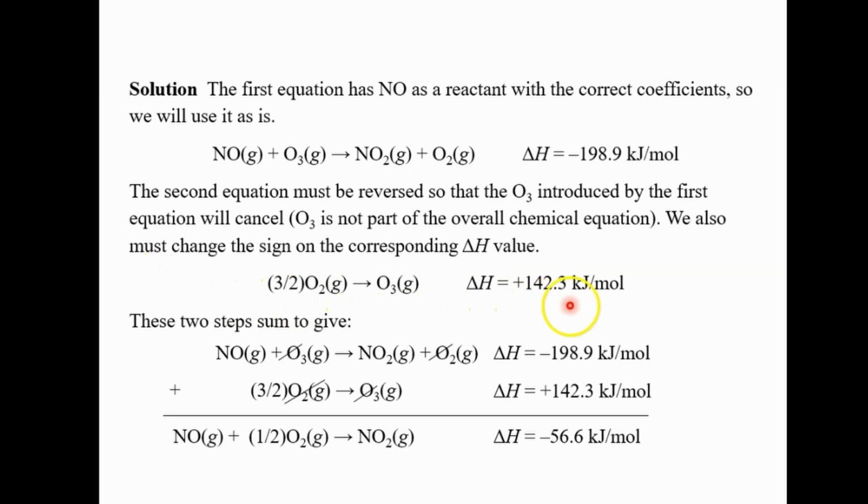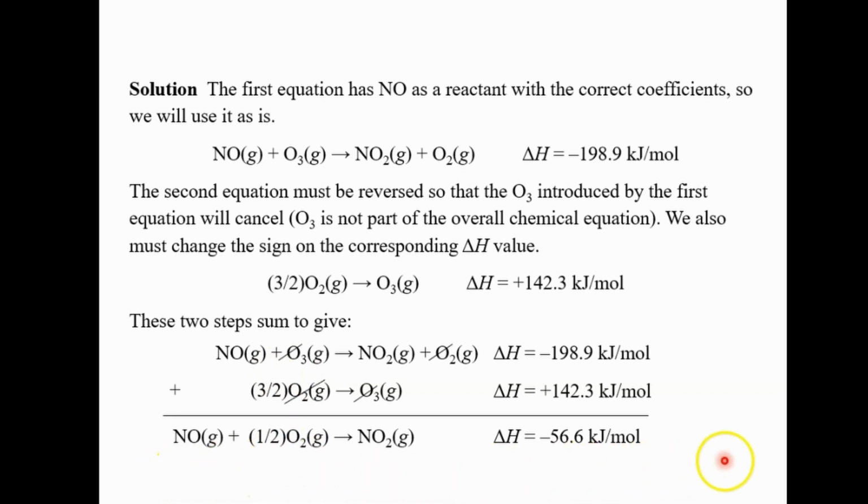So we change the sign of this, and now these two steps sum up. And here's an interesting thing here. We can put a coefficient of 1 in front of here and call it 2 halves. And then we can go 1 half minus 3 halves to get to our 1 half there. That's how that ended up.